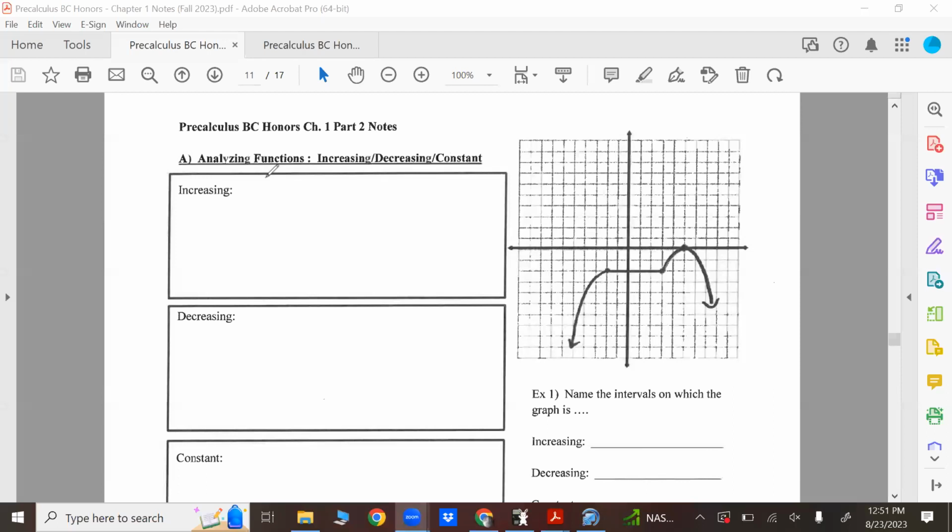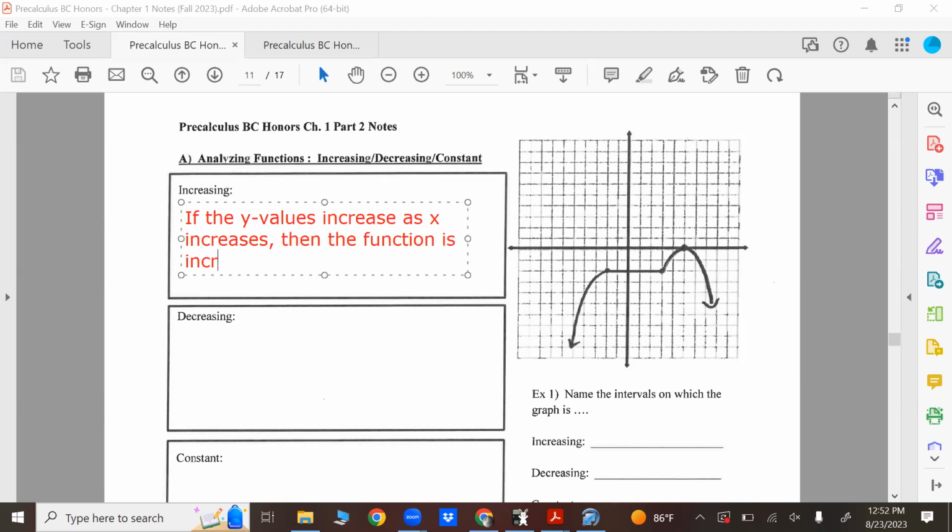So increasing, what does that really mean? It's a little bit of a tricky concept. Well, here's what I'm going to say. Let me do a text box. If the y values increase as x increases, then the function is increasing on that interval.